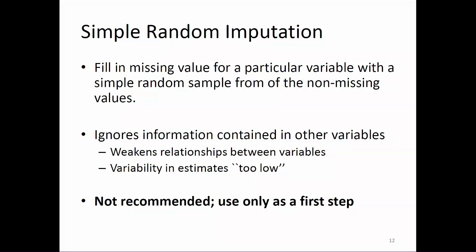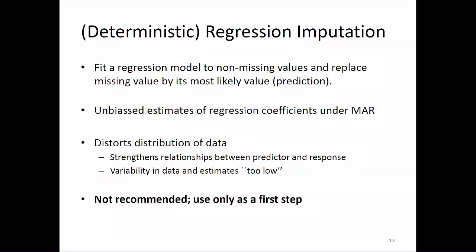Let's put all of our actual values in a big bag, and then just reach in uniformly at random, pick out one of the values and plug it in for the missing value, and repeat that process. Okay, so I won't have this same problem of all the data being concentrated on a single point. What does that do? It's a bit better. It's still not great. Why isn't it great? It weakens relationships between variables. Fundamentally, that's the reason why it's not a great thing to do.